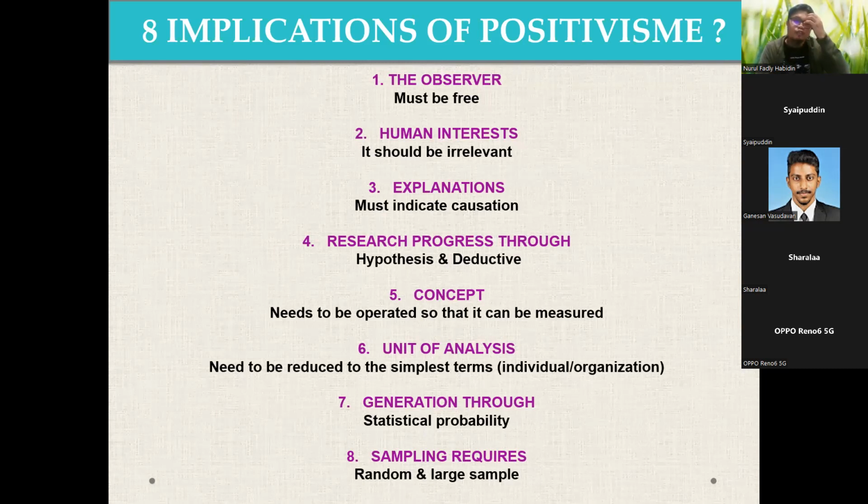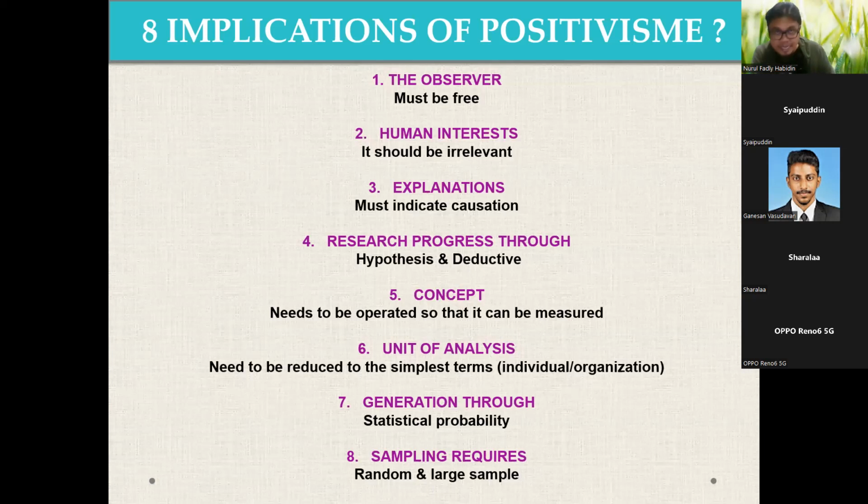Okay, unit of analysis. This is the basis for quantitative research. We actually have two: individual and organization. For example, if you send questionnaires to all employees of one company, we call the unit of analysis individual. If you send only one questionnaire to one company, we call the unit of analysis organization.